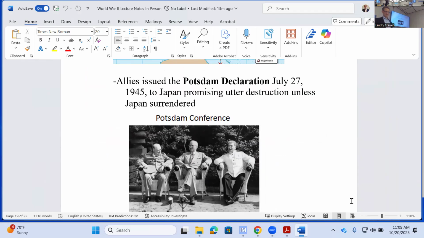Potsdam Conference is held in the summer of 1945, so late July, early August, and on July 27, 1945, the Allies issued the Potsdam Declaration to Japan, promising utter destruction to Japan unless Japan surrendered. You see in this photo from left to right, British Prime Minister Winston Churchill, the new American president, Harry Truman, Soviet leader Joseph Stalin.